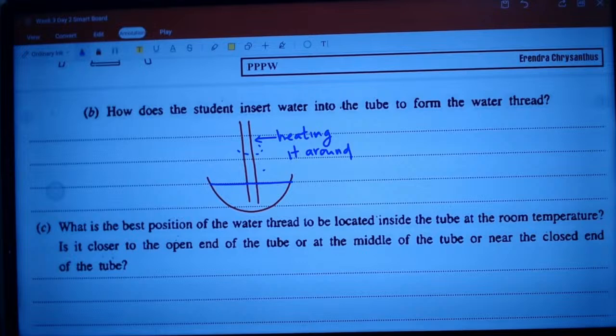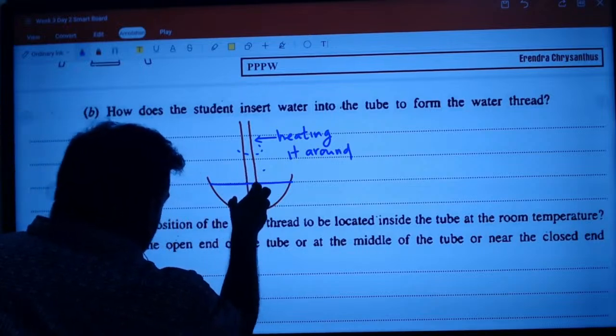We place the tube such that we heat the tube and the open end is inserted into water.